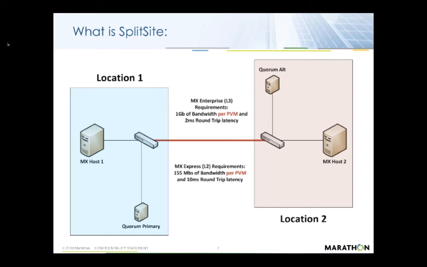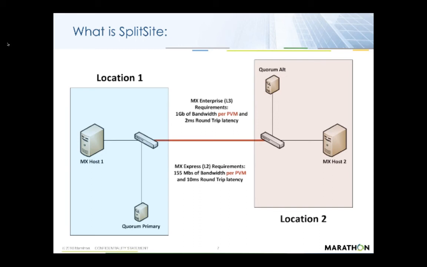Now, to run split site with Express, obviously those requirements go down quite a bit. With Express, you're looking at only requiring 155 megabits of bandwidth per protected virtual machine, and we lighten up the round trip latency requirements to 10 milliseconds.